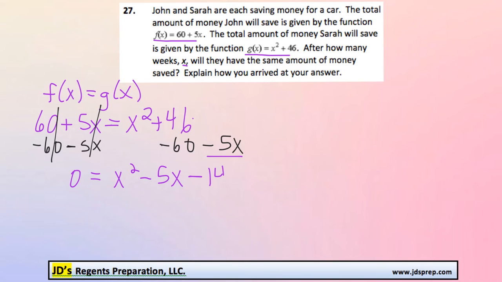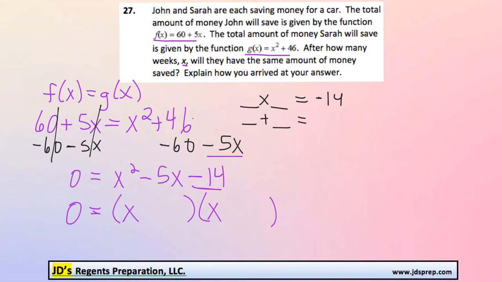All right, next step we need to do is factor this. So we're looking for two numbers that multiply to get us negative 14. So something times something is negative 14. And the same two numbers added together will get us negative 5.